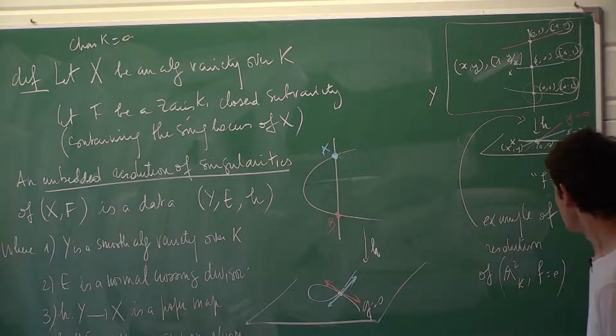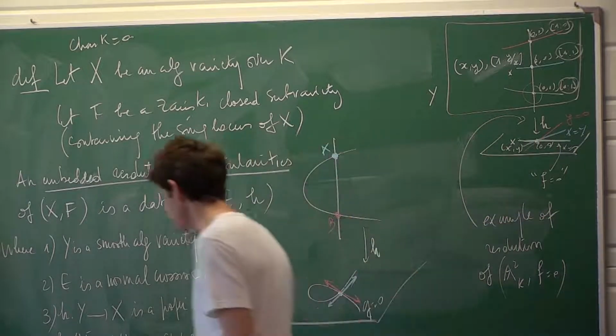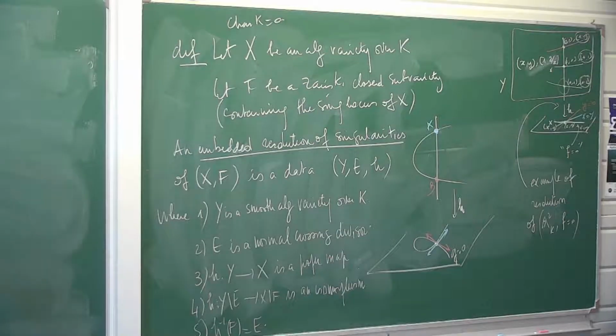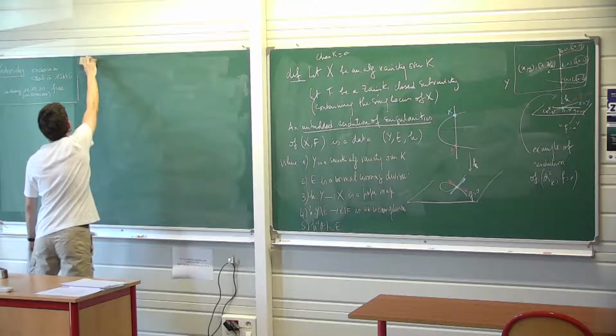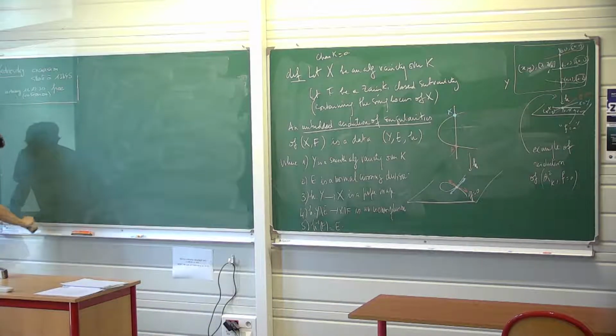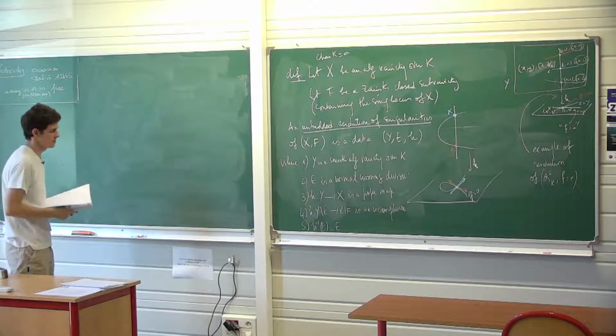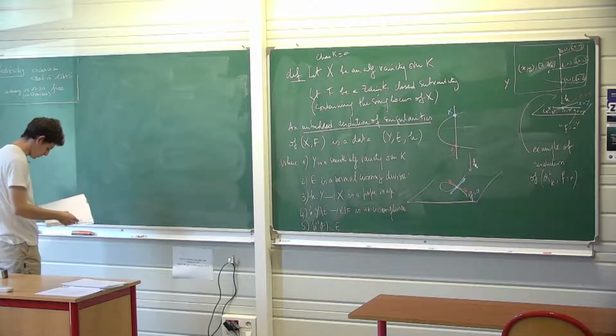Hironaka proved that in characteristic 0, such an embedded resolution always exists. And in any characteristic, it's true in dimension 2 and 3, and after that, the problem is wide open.